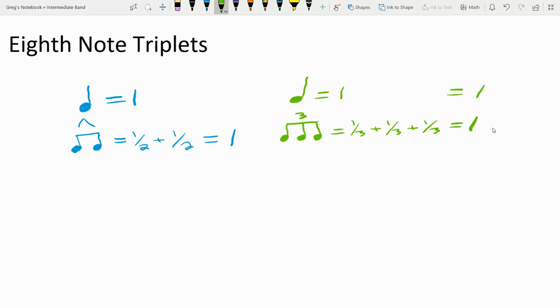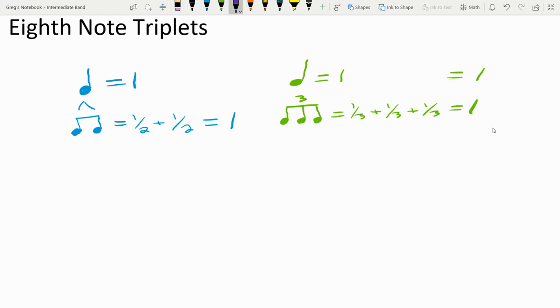Because otherwise, if we did not have that, I'll use another example right here. If I have these three notes, and these three notes are beamed together, and there is no 3 up here, that means this would be three eighth notes together.